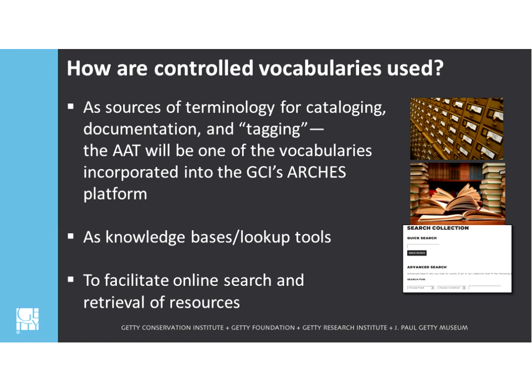And they are developing an open source platform called Arches for capturing information on cultural heritage sites around the world, and they're going to build some controlled vocabularies into that open source software, and the AAT will be one of those. They can also be used as knowledge bases or lookup tools where if you just don't know what a term or name or place refers to, you can look it up and find some information and some bibliographic citations for that.